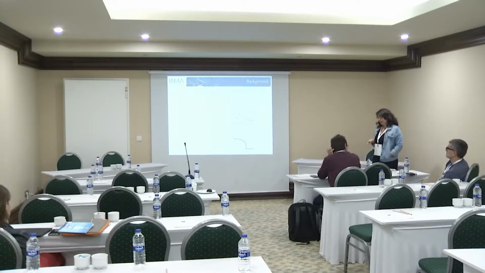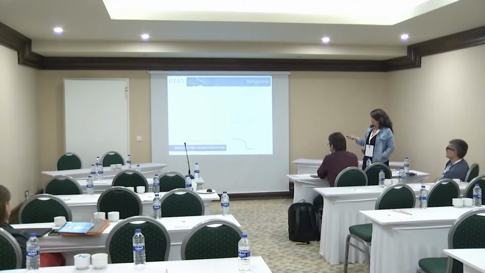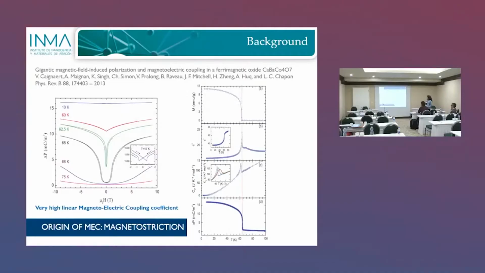So this compound is not strictly ferroelectric, you don't have a reversibility of the polarization signal, but what you have below 60 Kelvin is an increase in polarization, which is triggered by the magnetic transition, as you can see here, because as you apply the magnetic field, you can see how this change in polarization achieves a value at low temperature that is indeed very high for pure multiferroics.